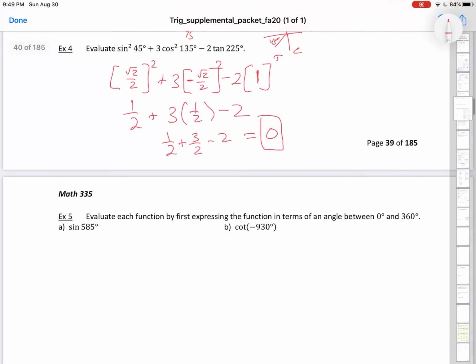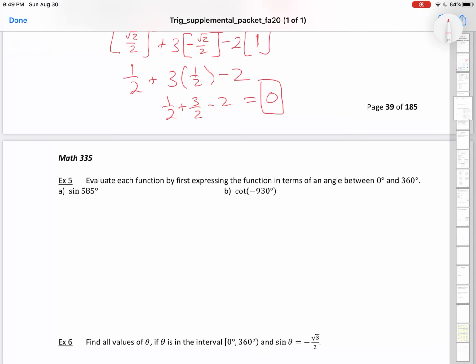So pretty nice. And then evaluate each by first expressing it in terms of its cofunction. I believe that these problems right here illustrate we'll evaluate each function by first expressing that function in terms of an angle between 0 and 360. So this is the downside of degrees, is that you got to subtract away 360. This is going to be equal to the sine of 225 degrees.